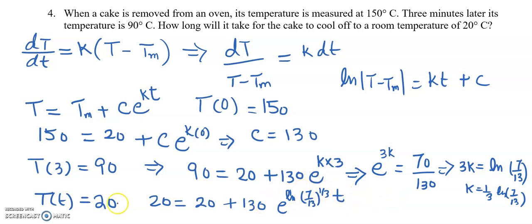So for all practical reasons, instead of the room temperature of 20 degrees centigrade, we may take a value very near to 20, such as 20.1, or maybe 21 degrees centigrade.